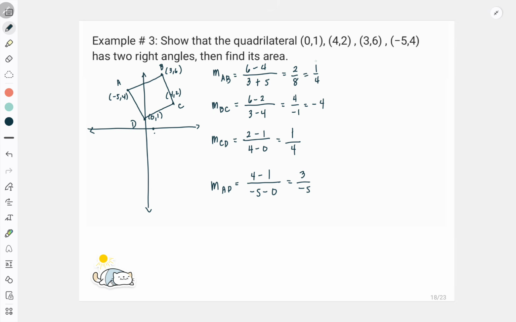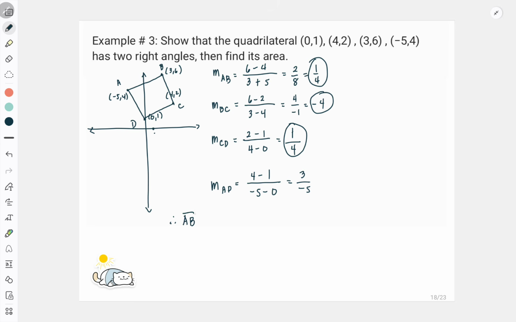Okay, so what do we notice here? Therefore, what can we say here?